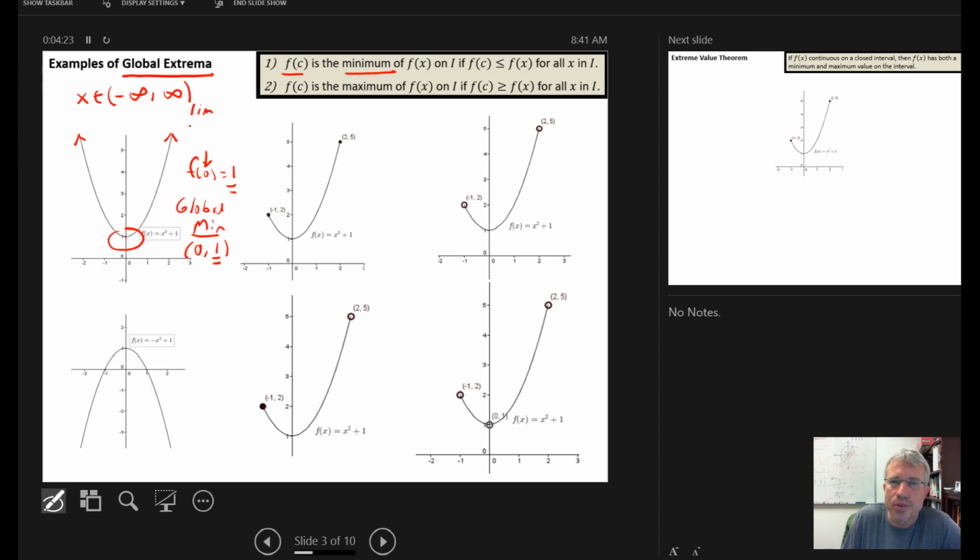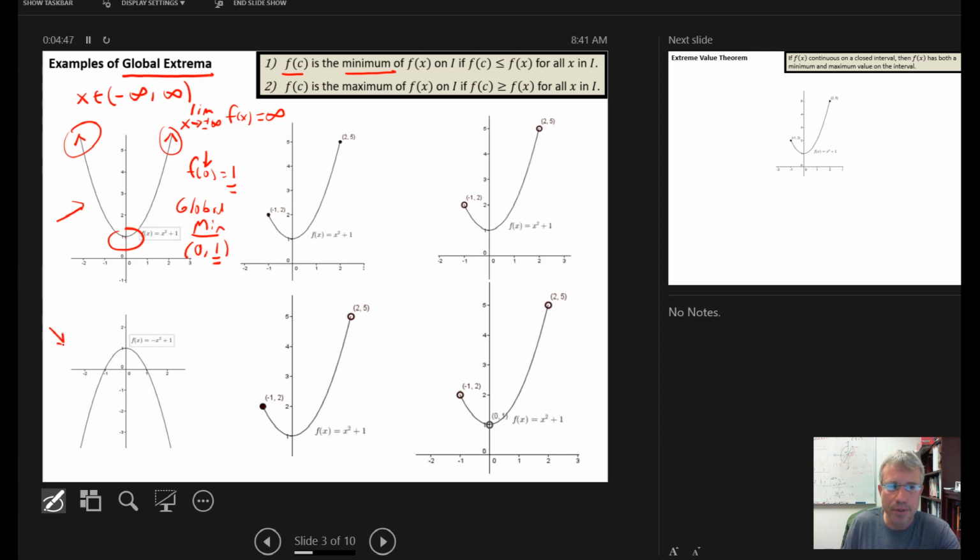So what I want to notice is that if we take the limit as x goes to plus or minus infinity of the function, outputs are going to infinity. There isn't a real number largest output value that this function gives me. So this function here has a global minimum of 1, but no global maximum.